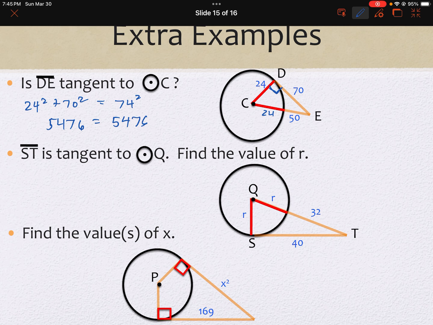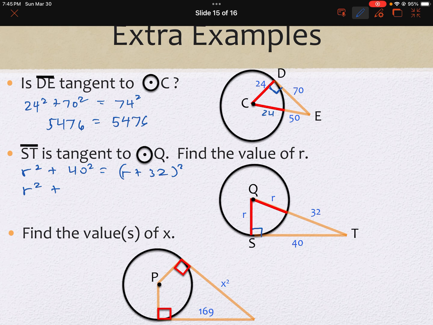Okay, second one there. Segment ST is tangent to circle Q. So what that means is this is a right triangle. So we're using the other side of that biconditional. Let's find the value of R. R squared plus 40 squared equals R plus 32 squared.